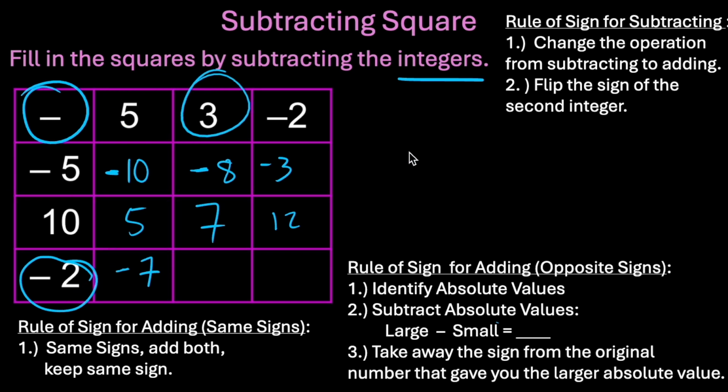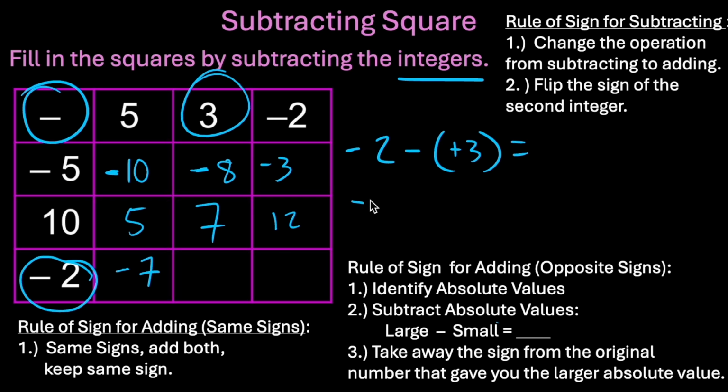-2 minus positive 3. Let me erase all this and just bring down the problem for more space. So -2 minus positive 3.